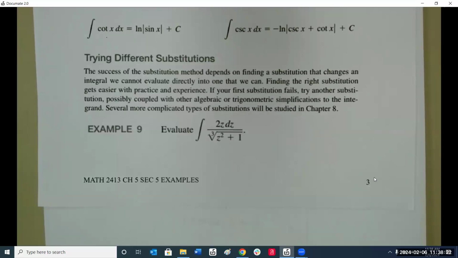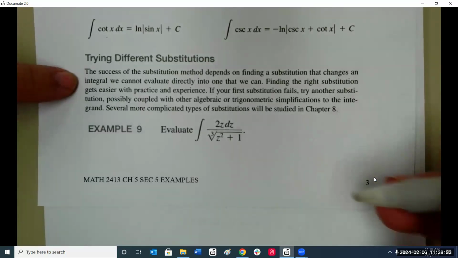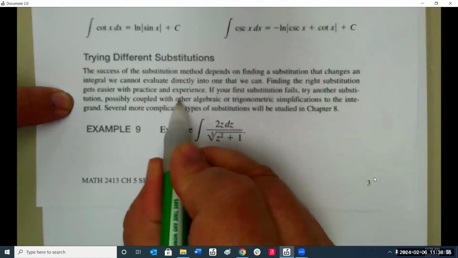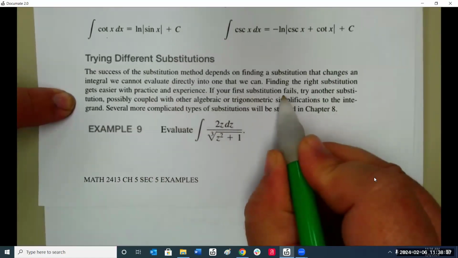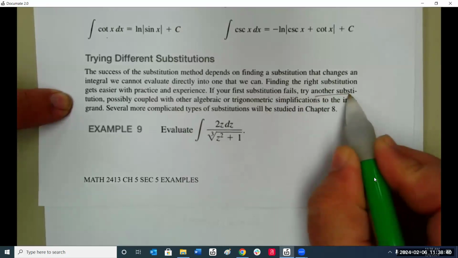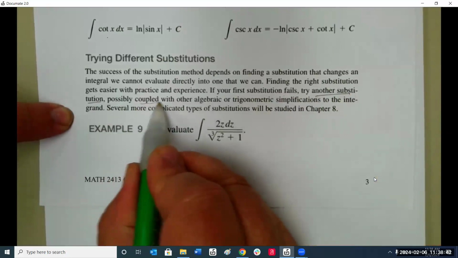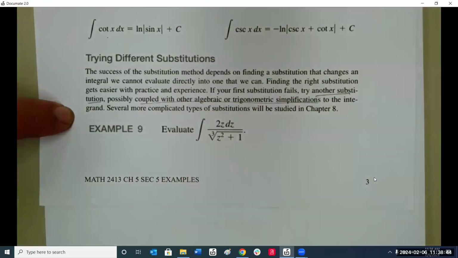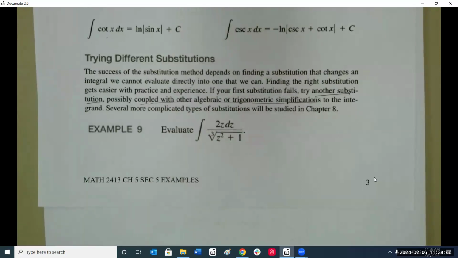If your first substitution fails, try another substitution, possibly coupled with other algebraic or trigonometric simplifications. There you have the clues. Do whatever you have to make it simple. That's what it's saying. Make it fit.